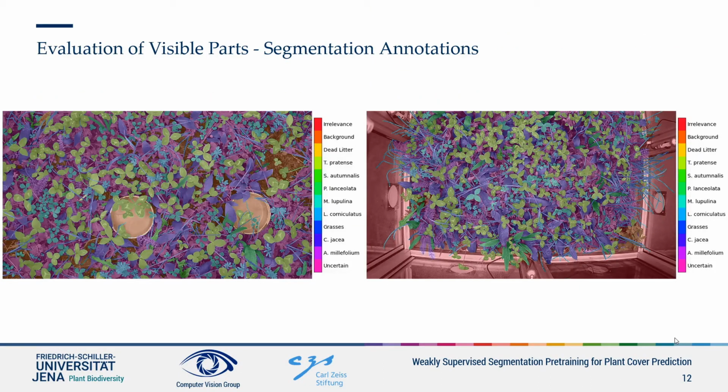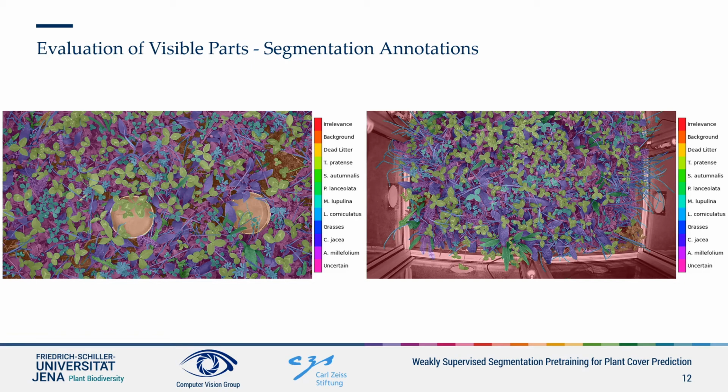To actually be able to analyze the quality of the segmentations our network generates, and therefore also the quality of the analysis of the visible parts, we had to annotate a small number of images from the InsectArmageddon dataset by hand, 2 examples of which you can see here.